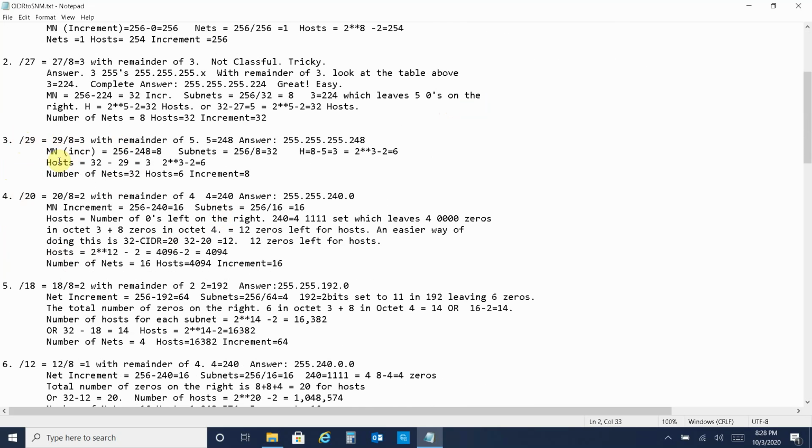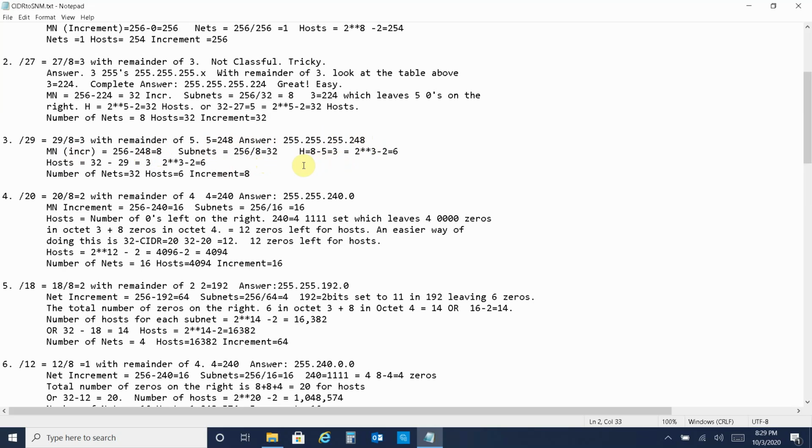So moving on down here, let's go through this pretty quick. Slash 29. Okay, 29 divided by 8 is 3, remainder 5. 5 is 248. You're going to have 3 255s. 248 will be at the end. That's the remainder. 256 minus 248 equals 8. Subnets are going to be 256 divided by 8 equals 32. The number of hosts, again, I'm doing it the intuitive way, but let's do it the way we know how.